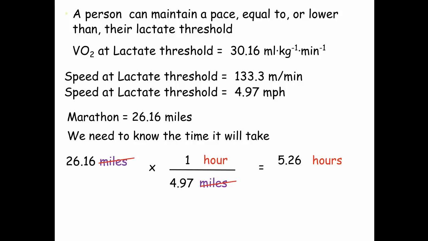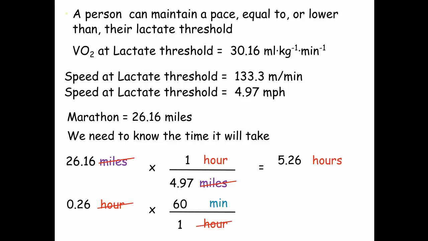Now, when I say I'm going to meet you in 5.26 hours, that doesn't make a lot of sense. We normally measure things in hours and minutes. So we need to take that 0.26 and convert it to minutes. So let's take 0.26 hours. We're getting rid of hours. We need to figure out how many minutes that is. We know there's 60 minutes in 1 hour.